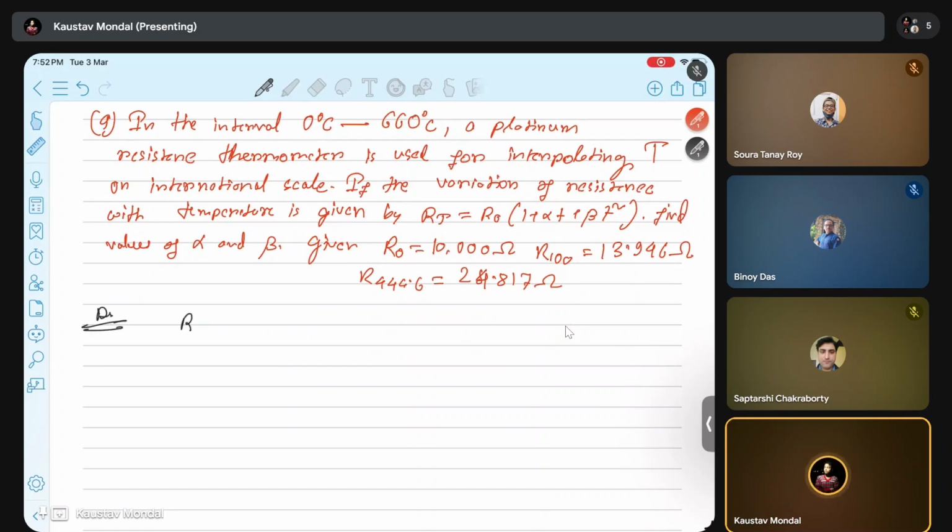the expression of RT at a given temperature follows simply this relation, the resistance of the wire R naught into 1 plus alpha T plus beta T square, right?